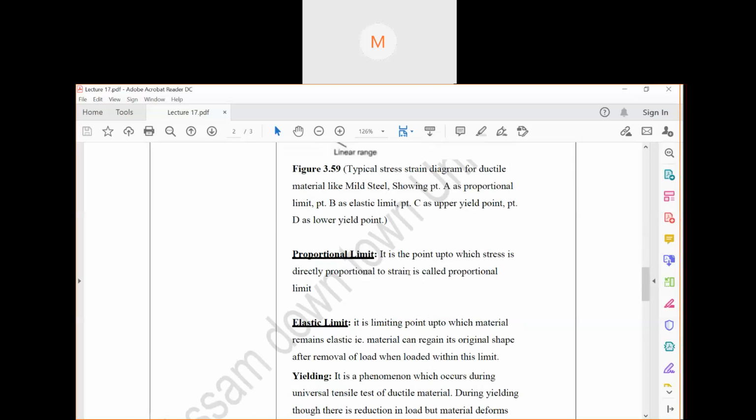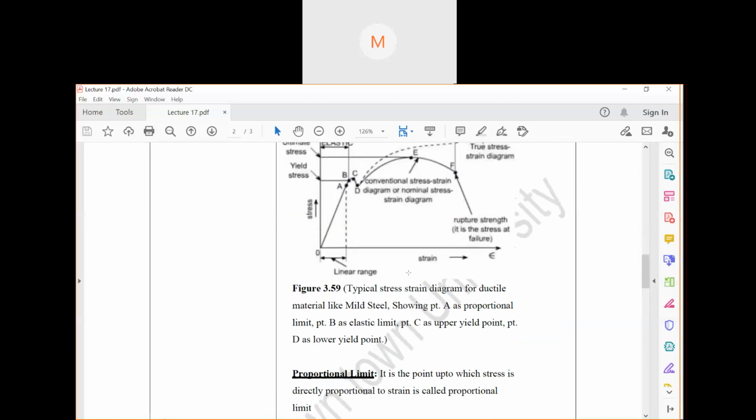Now that means in the elastic limit, what happens? Up to this point B, if you apply stress, then the material will behave as an elastic material. Now, do you know what is an elastic material? Can anyone say? Regain its original shape. It regains its original shape. Okay.